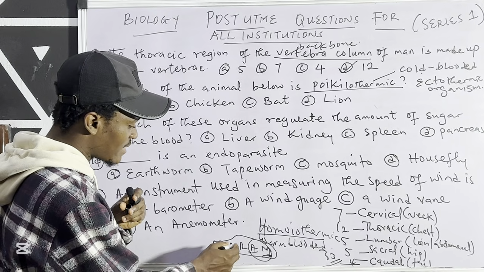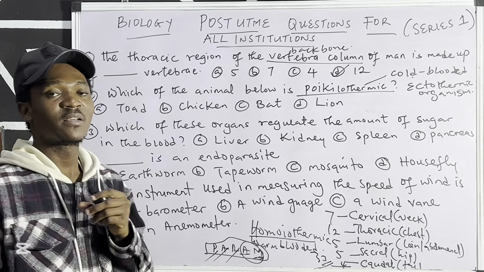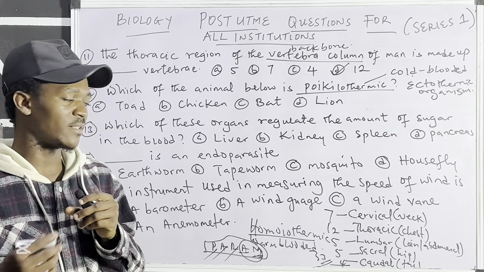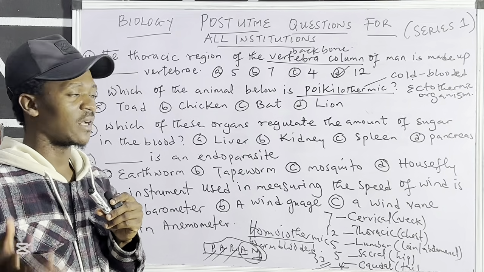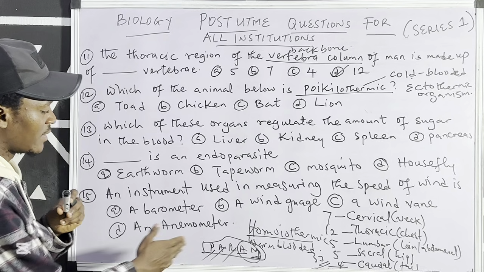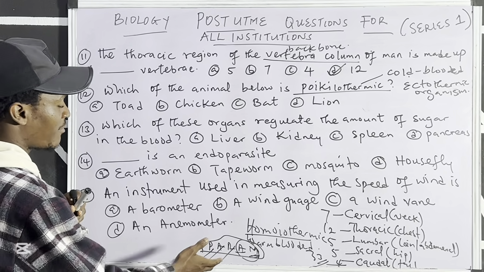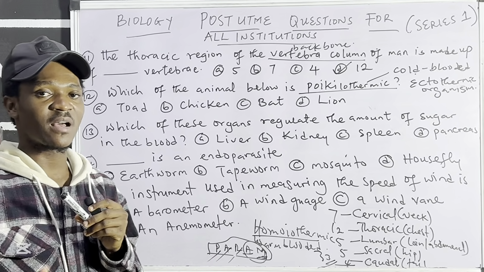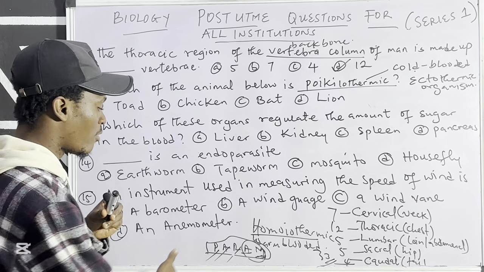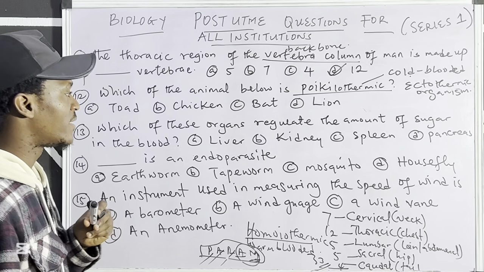But the Pisces, the amphibians, and the reptilians are all cold-blooded. Pisces, the fishes; amphibians, frog, toad, newt, salamanders; reptiles, lizards, snakes, and the rest of them all fall under cold-blooded organisms.